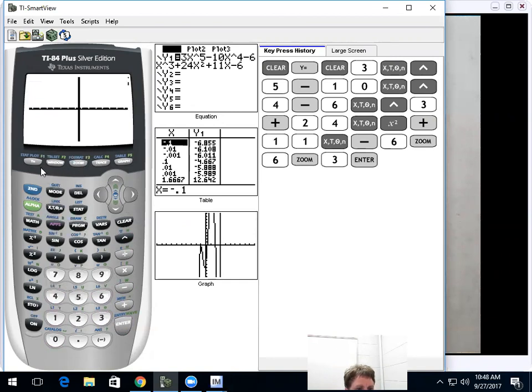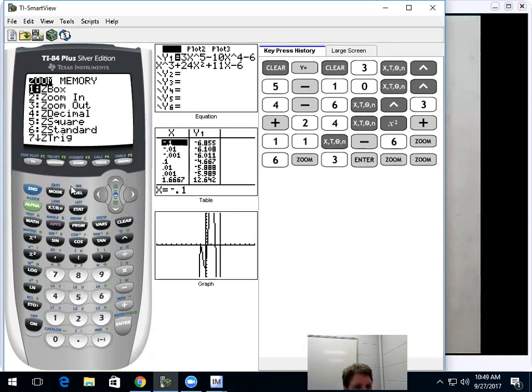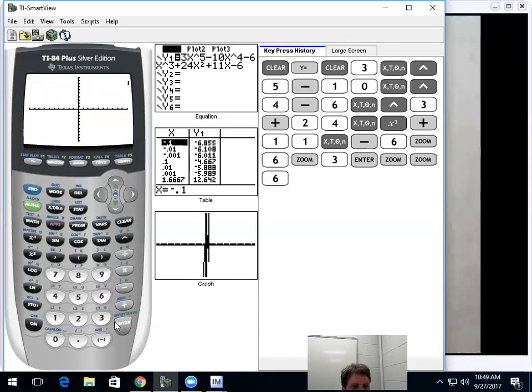Oh, that wasn't good. Let me go back to what it was. On a standard window, that graph isn't so fabulous. You really can't tell what's going on without zooming out.